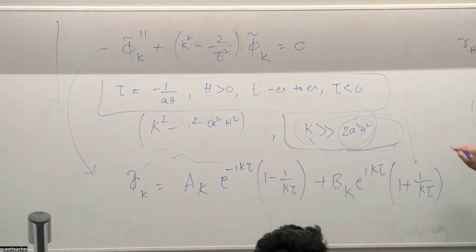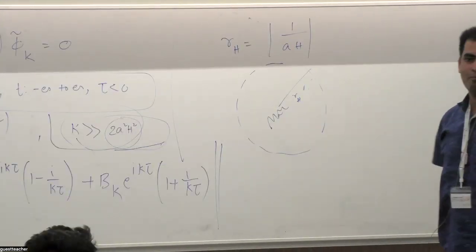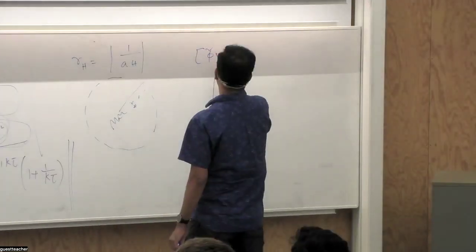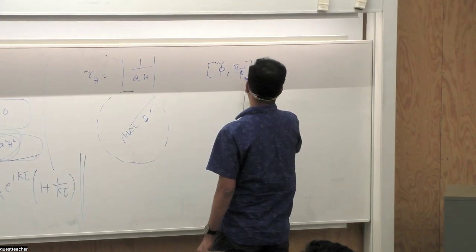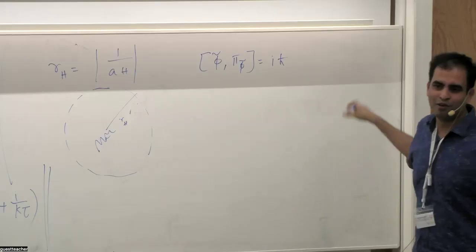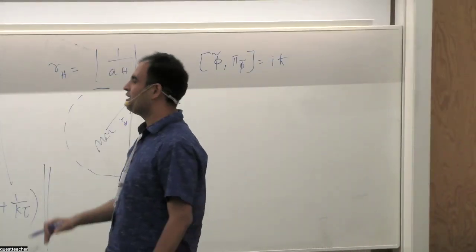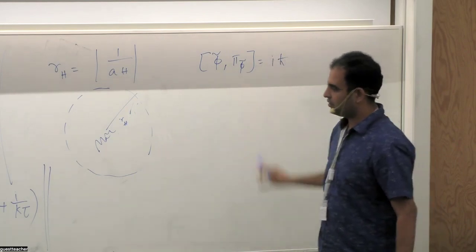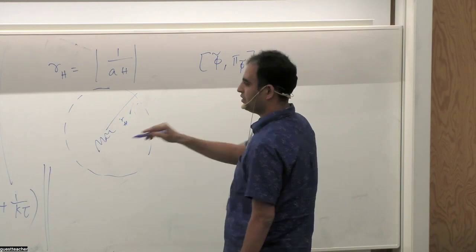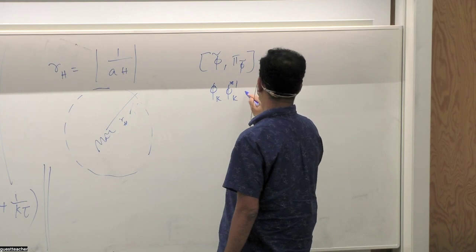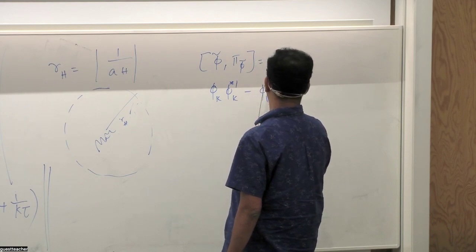You are doing quantization, right? How do we do quantization? First, we promote phi tilde and its conjugate momentum to operators, and then we impose the commutation relation, equal to i h bar. I drop h bar at some point, but just for you to remember, we are doing quantization here. If you impose this condition, it relates to the Wronskian of the mode functions.